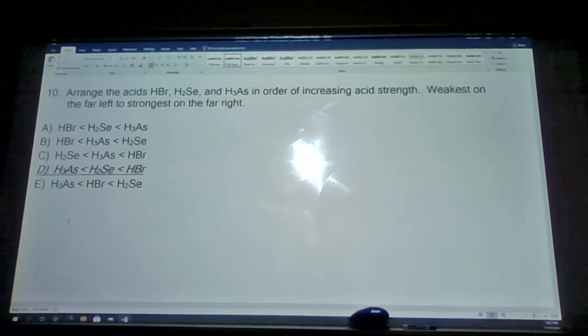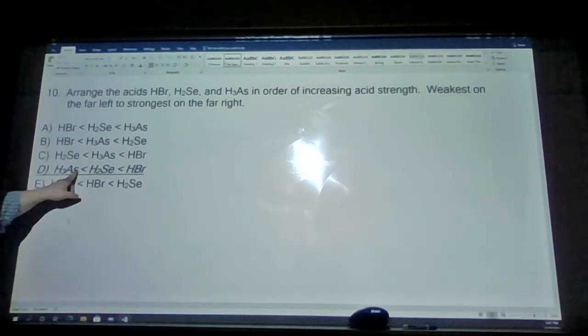Any series of elements bonded to an acidic hydrogen, as long as they are neutral compounds, not anions, not cations, neutral compounds. As you go from left to right across any row on your periodic table, the acids become stronger acids.